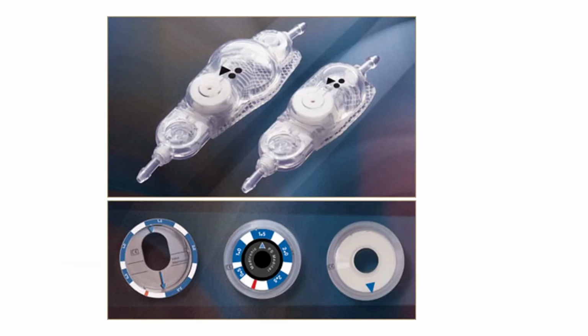These are the adjustable pressure valves. These valves regulate the flow of cerebral spinal fluid based on a pressure setting that can be adjusted. Using specially designed magnetic tools, your physician can non-invasively change the pressure setting of the implanted adjustable valve during an office visit.